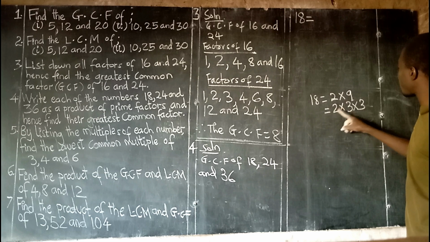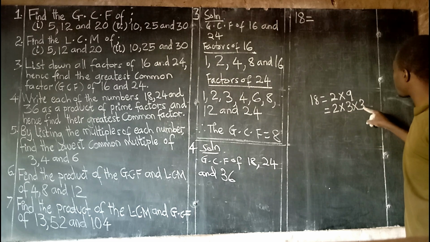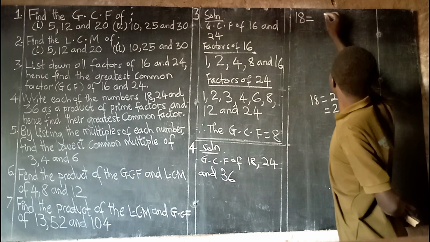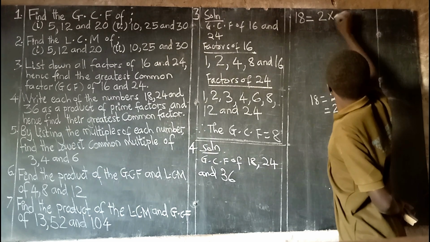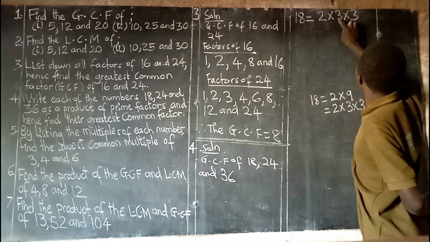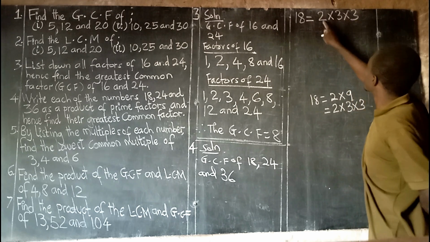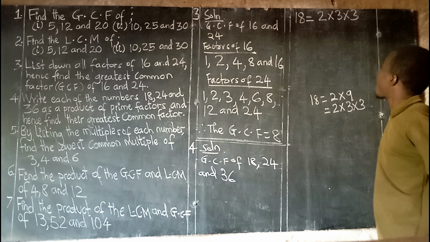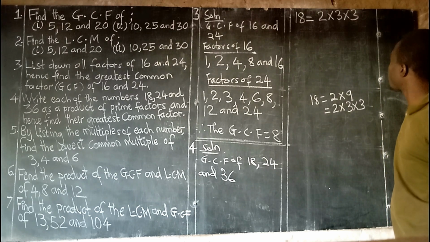So 2 is a prime factor, 3 is a prime factor, 3 is a prime factor. It means that 18 is equal to 2 times 3 times 3. 2 times 3 is 6, 6 times 3 is 18. So this is the way we write 18 as a product of prime factors.